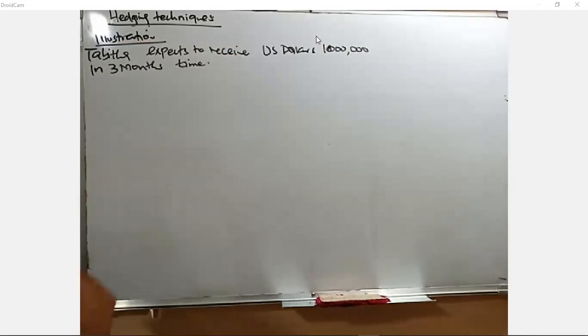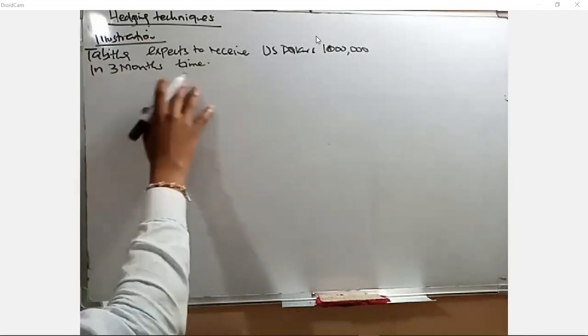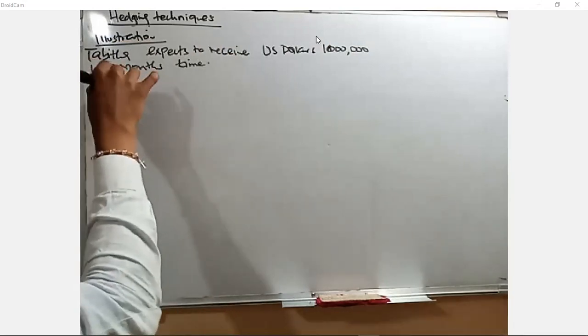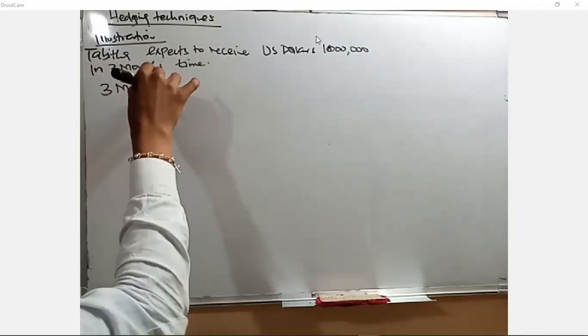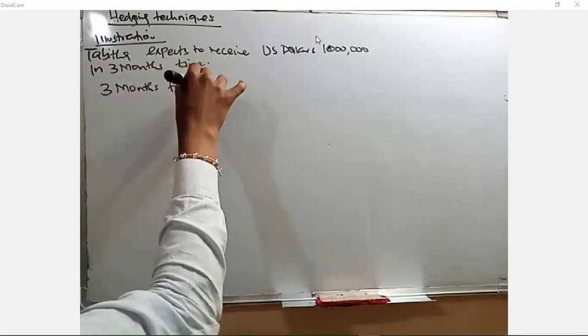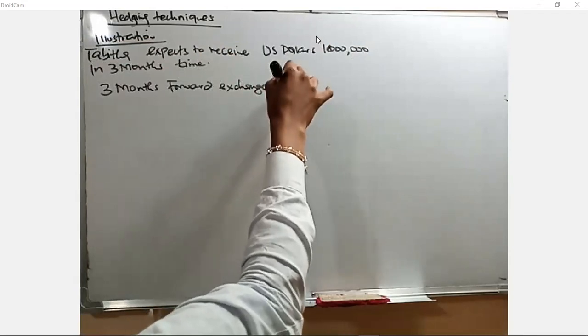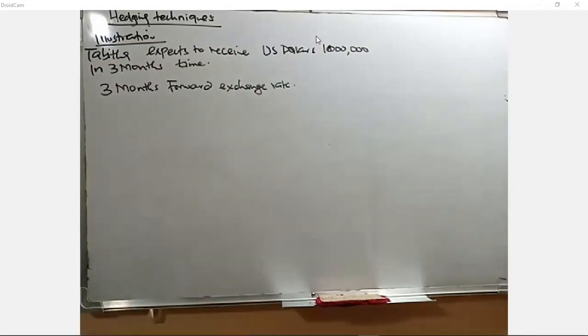So in this case, the examiner is going to be giving you, since this is a contract we are dealing with within a 3 months period, 3 months forward exchange rates.